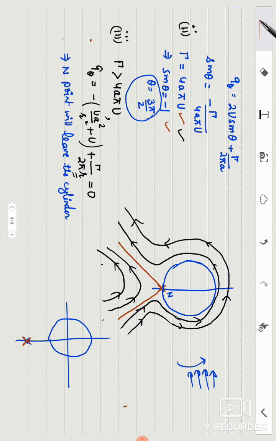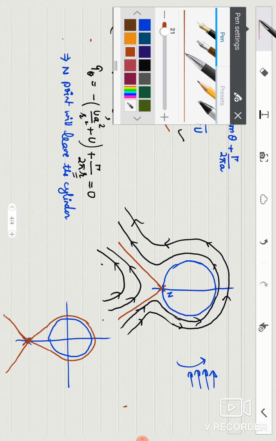And what will happen? This is your stagnation streamline. And how will it go? If you draw this line, it will go very close to the cylinder. This is the stagnation line. And what will be the flow lines?